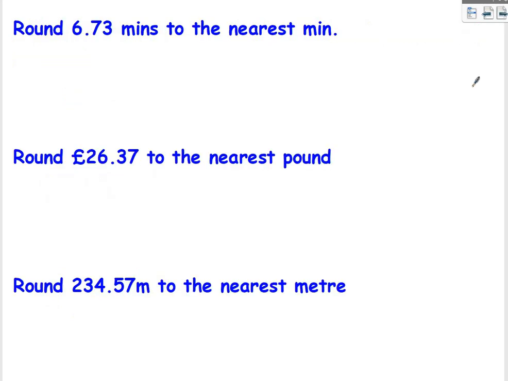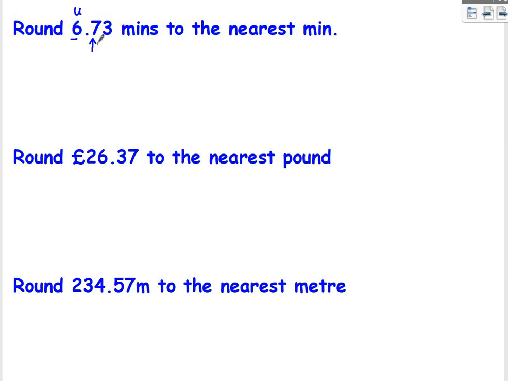Now sometimes you can get questions that involve units, so we'll have a little look at some of those just to finish off. The first one asks us to round 6.73 minutes to the nearest minute, so the nearest whole number of minutes. So we can do the same process again. In the units column, there's a 6. We look at the value in the tenths column to see whether or not we need to round up the units.